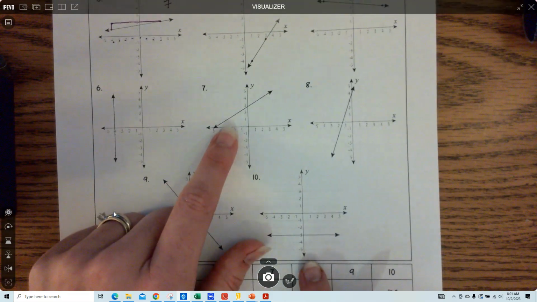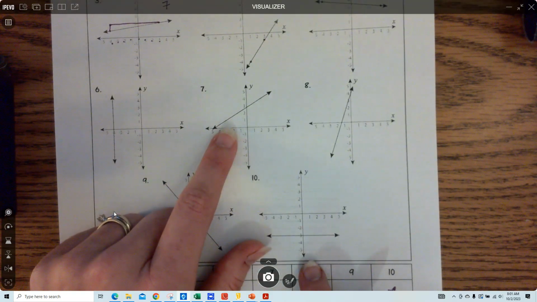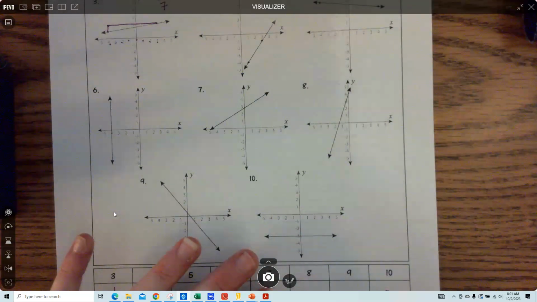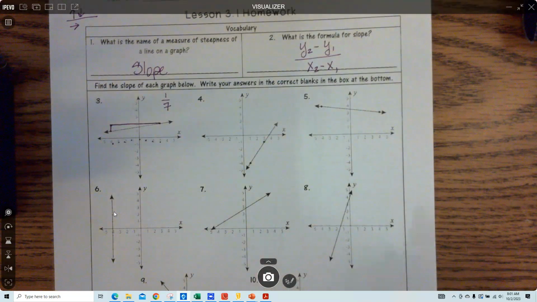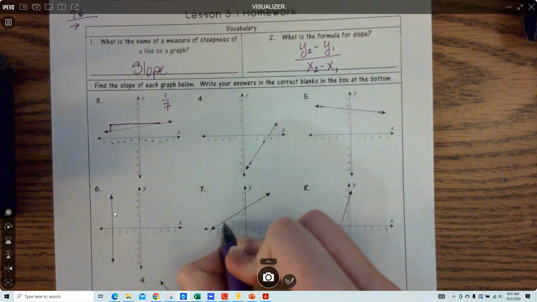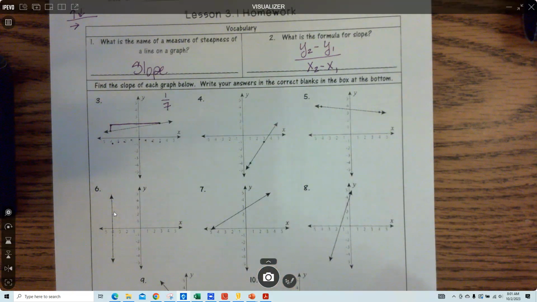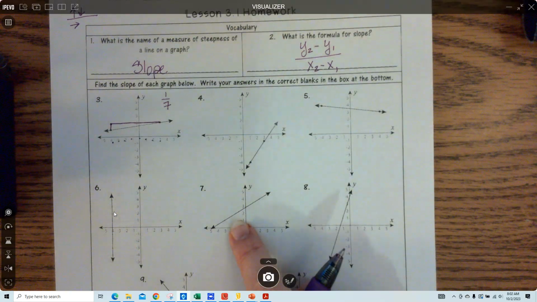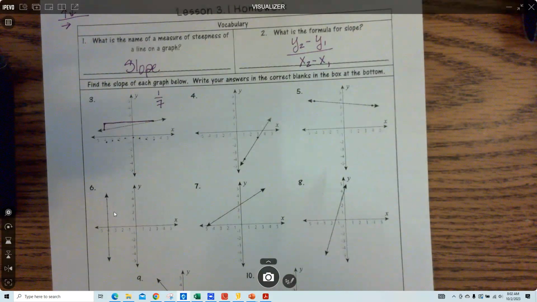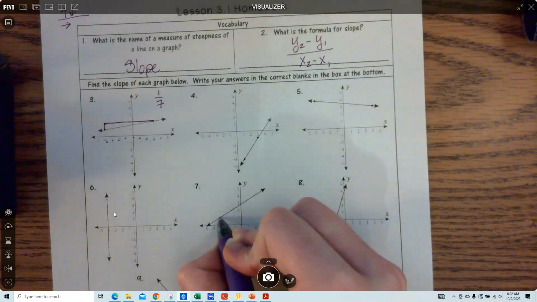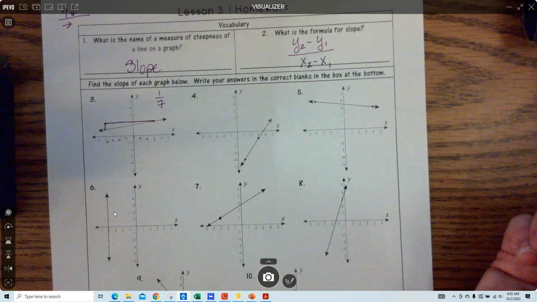Sometimes they're not very nice. They don't give us nice, pretty points. But we can find nice, pretty points. Again, I know it's hard to see on here, but I'm looking at number 7. 3, 1 I think is a nice, pretty point.